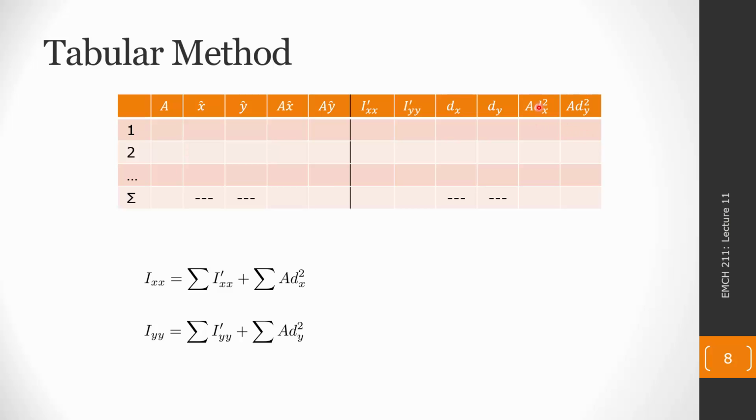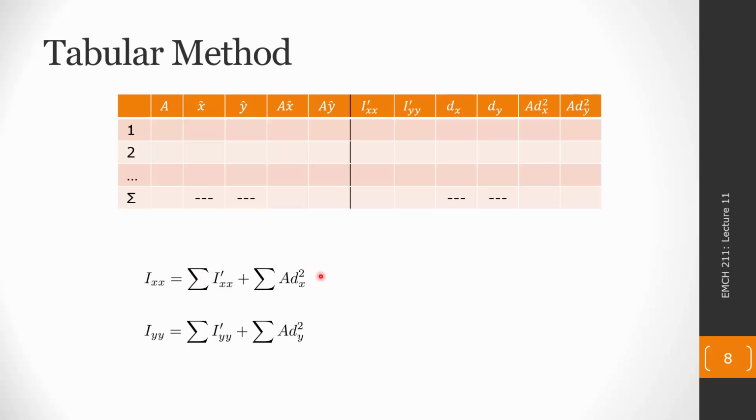So finally, what we want to do, if we want Ixx, that is the total moment of inertia of the composite shape about its own horizontal centroidal axis, we can add up all the I prime xx values in this summation and add to that all of the A dx squared values. So that total sum tells us the area moment of inertia about the horizontal centroidal axis.